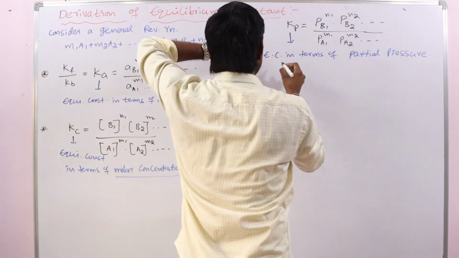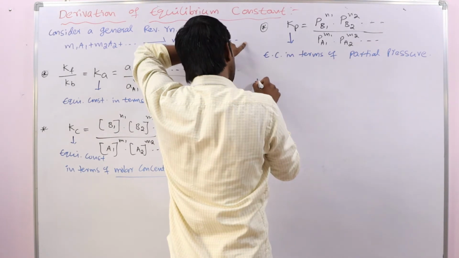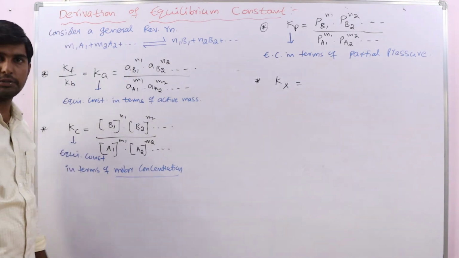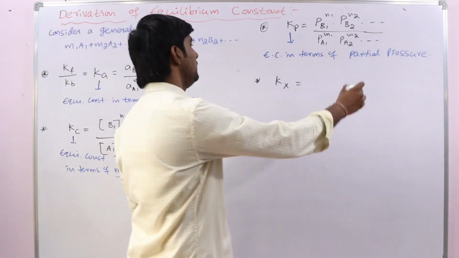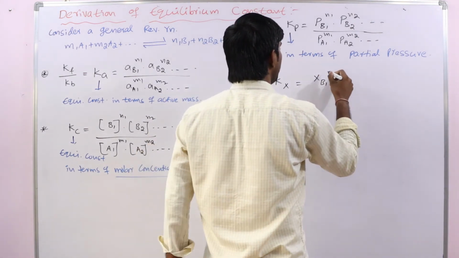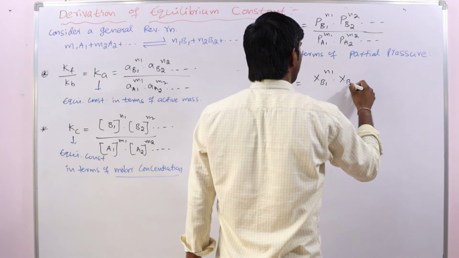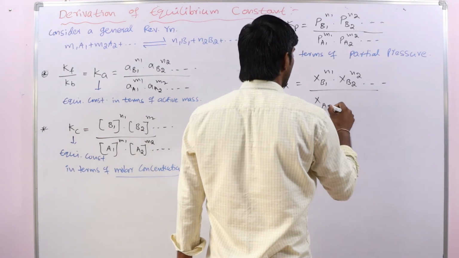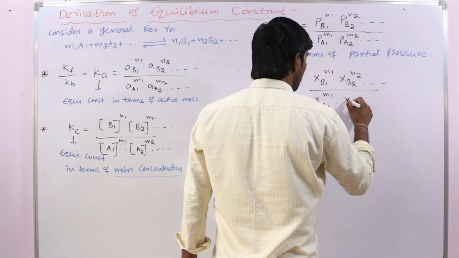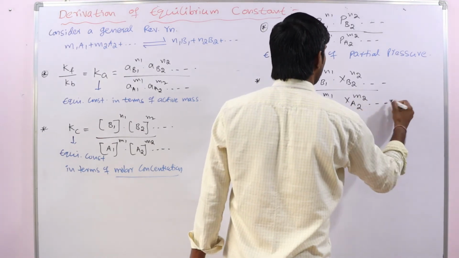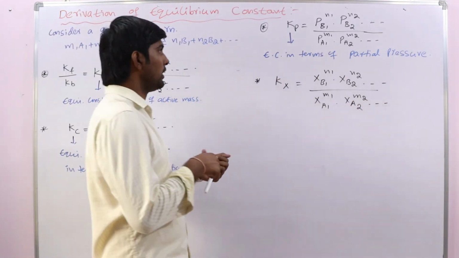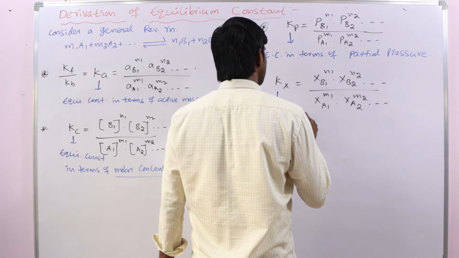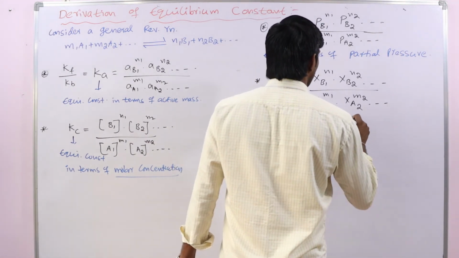Next, the equilibrium constant can be expressed in terms of mole fraction also: mole fraction of B1 to the power N1 times mole fraction of B2 to the power N2 and so on, divided by mole fraction of A1 to the power M1 times mole fraction of A2 to the power M2 and so on. This is the equilibrium constant in terms of mole fraction.